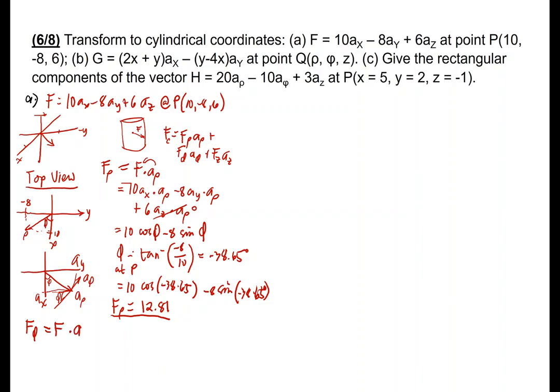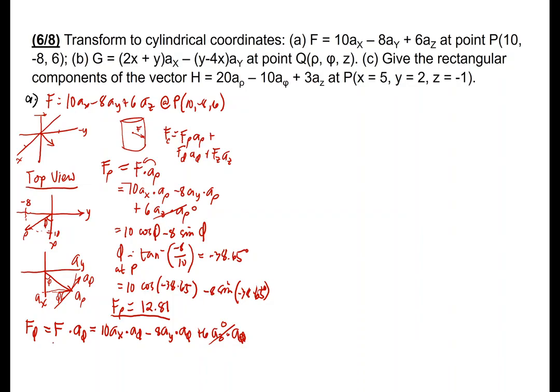So this is equivalent to 10 ax dot aφ minus 8 ay dot aφ plus 6 az dot aφ. Here the az dot aφ is still 0. Sorry, this one is not a rho, this should be aφ.